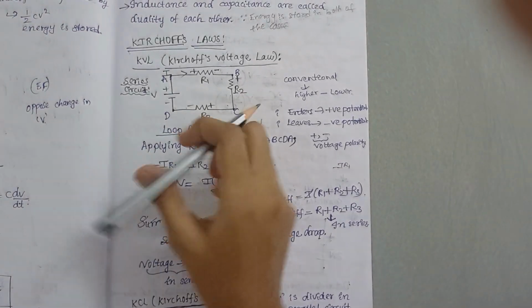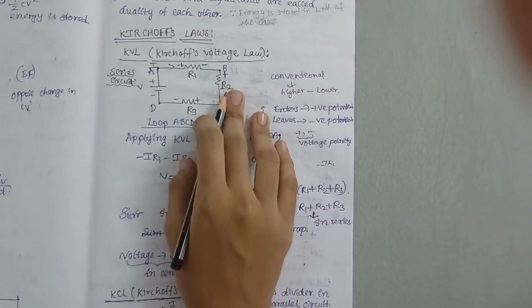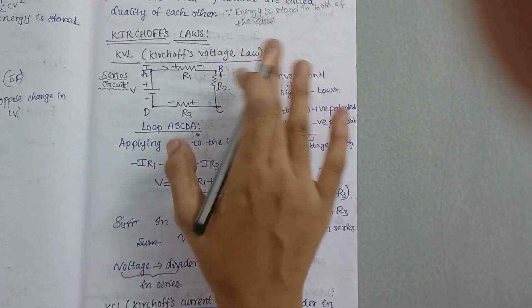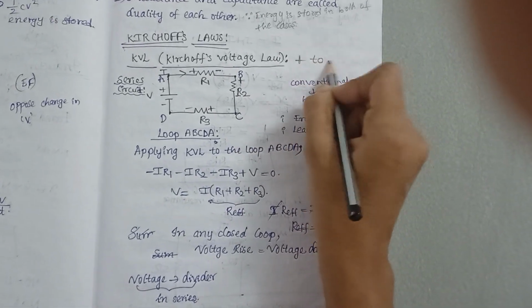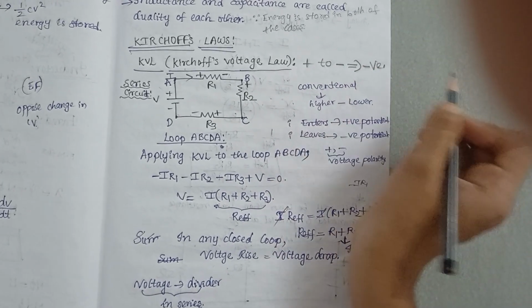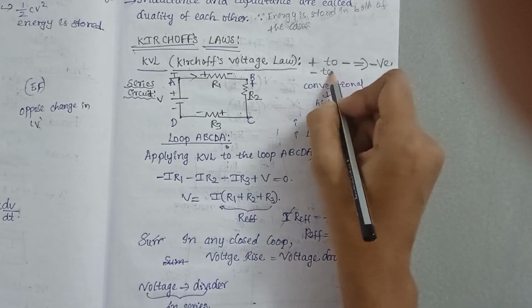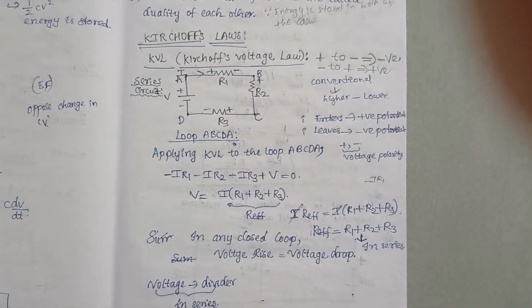Firstly, you have to remember a sign convention, which is very simple. As you go from positive to negative, you have to take that as negative, and if you move from negative to positive, then you have to consider the sign to be positive.